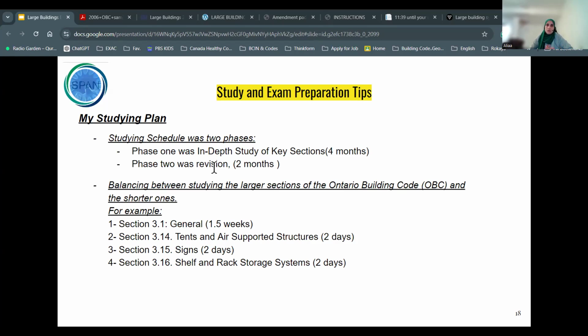So my plan was to finish a section and then study a small section like vertical transportation. So I balanced: big sections and small ones. The small ones I gave 2 to 3 days maximum. The big, large sections I gave 1 to 2 weeks, not more than that. You don't need to memorize the code. You need to understand it and familiarize yourself with it.